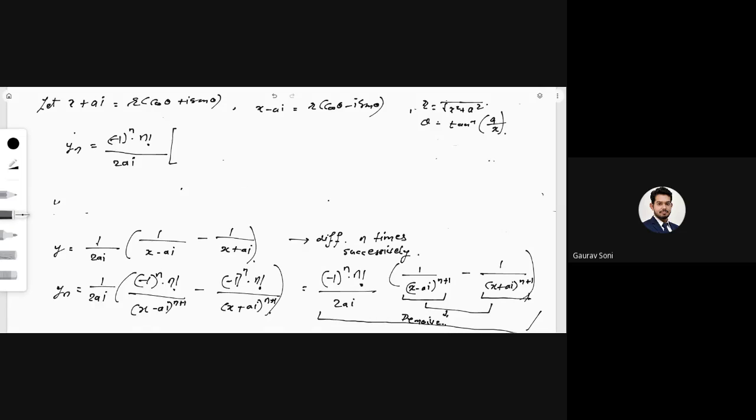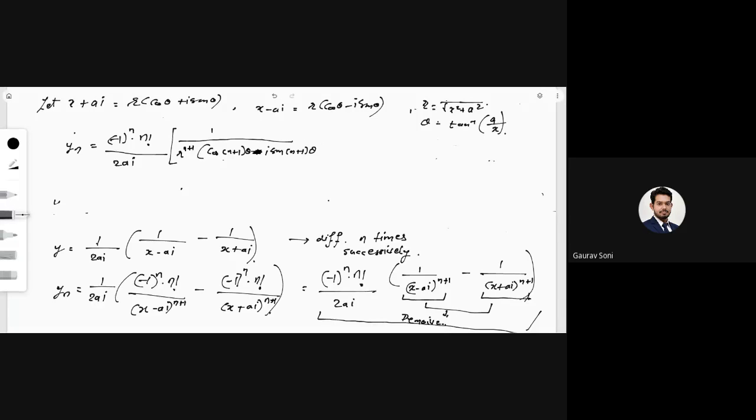So what you have, x minus ai raised to n plus 1. So 1 upon r raised to n plus 1. By De Moivre's theorem, what I can write is cos of n plus 1 theta plus minus i sin n plus 1 theta.